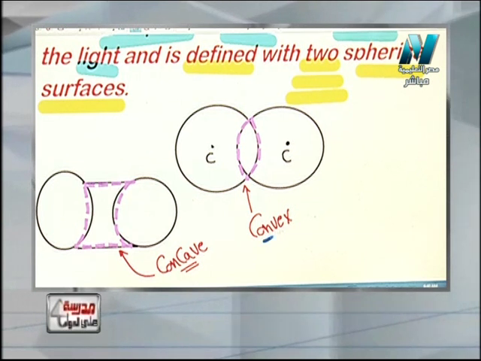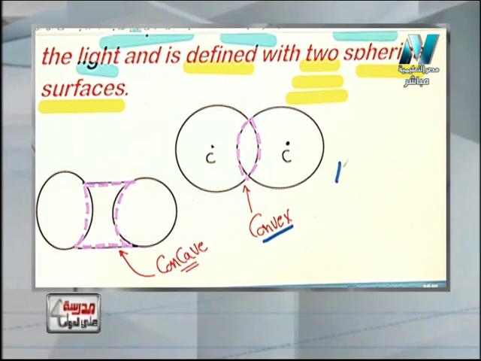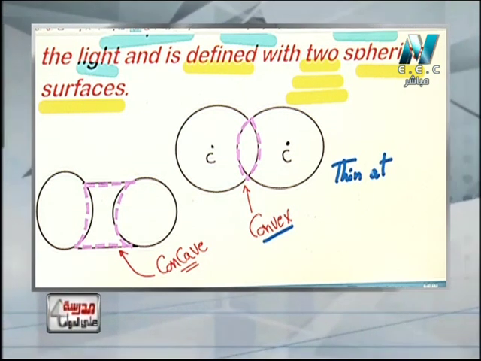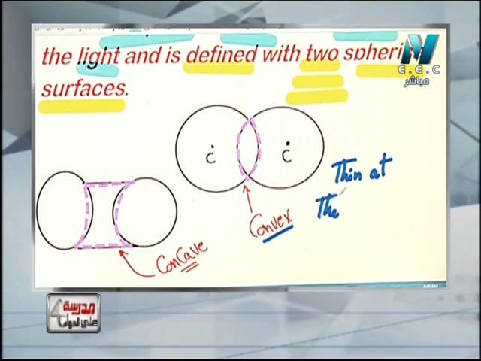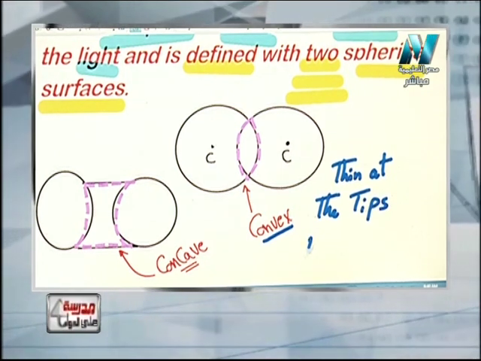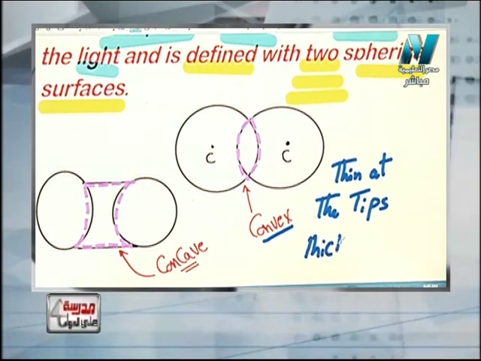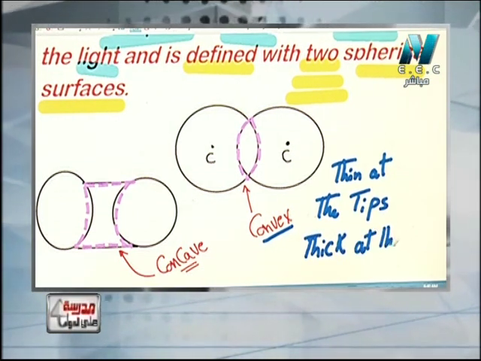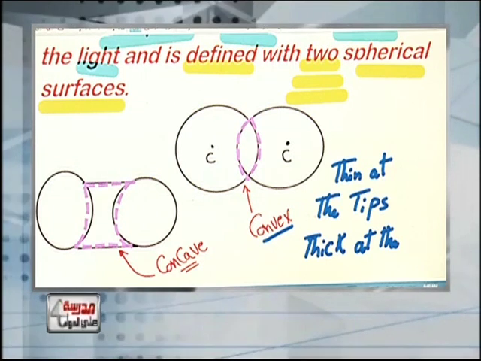So what is the convex lens? Thin at the tips، يعني رفيعة من الأطراف، but thick at the middle، وتخينة من النص.